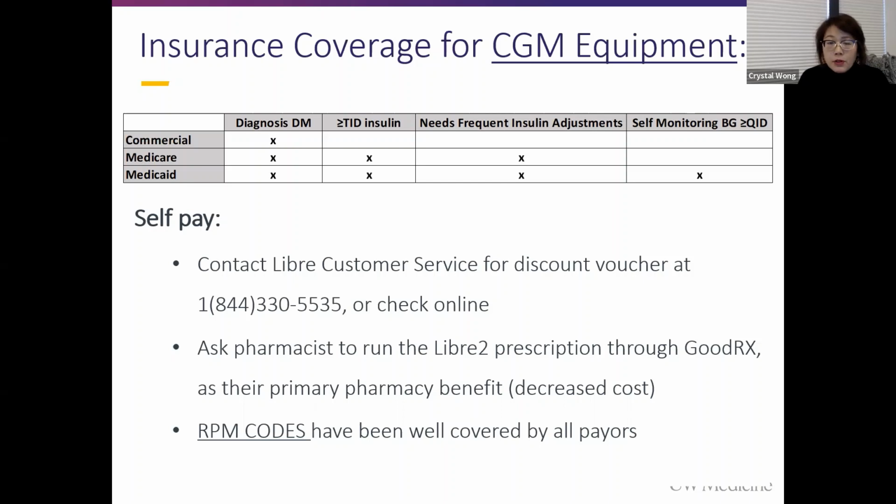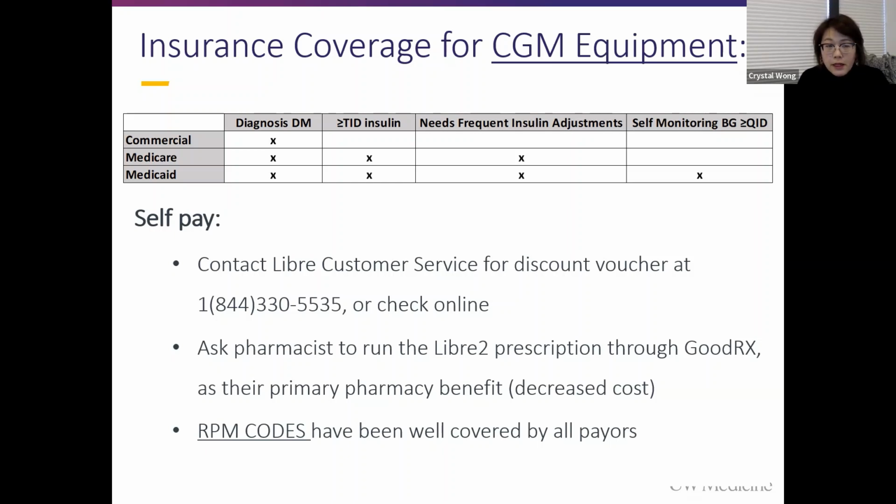One part of this program is having some Epic-based tools to help you with documentation, and we do have some standard dot phrases that have this language impregnated in the dot phrase, just so if the prior auth team needs to help you get coverage, your chart notes represent the information they need to get covered for patients. If you have someone who has commercial insurance and you don't need this language, just please delete it out of the smart text if you're using it. But it is in there to make that process a little easier.